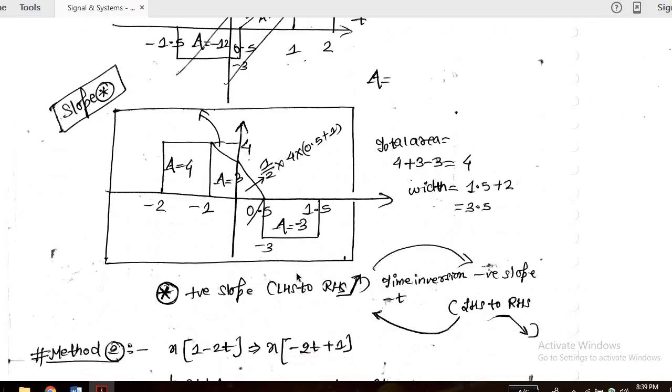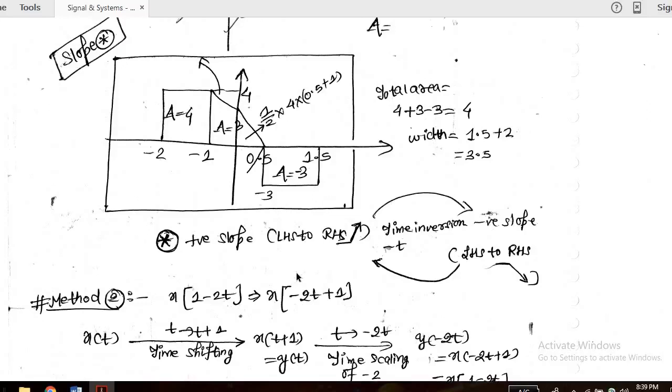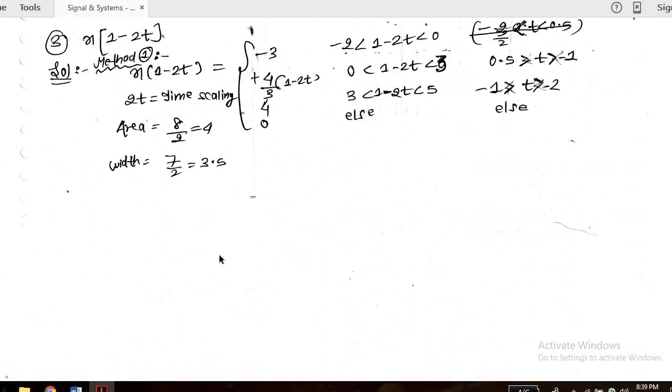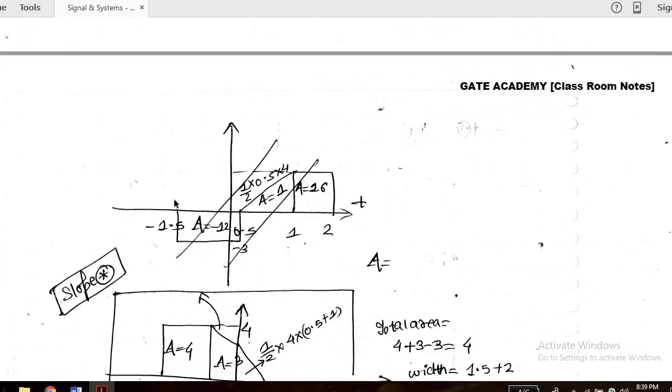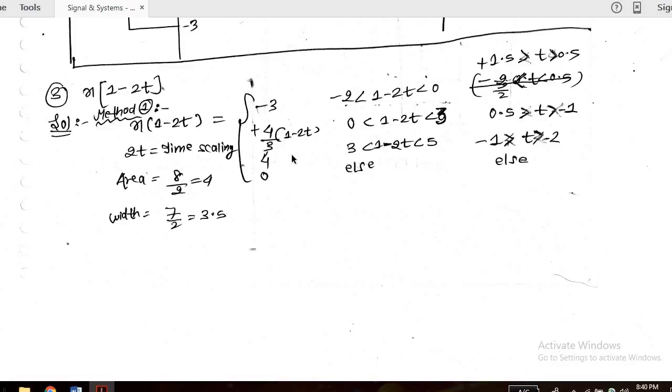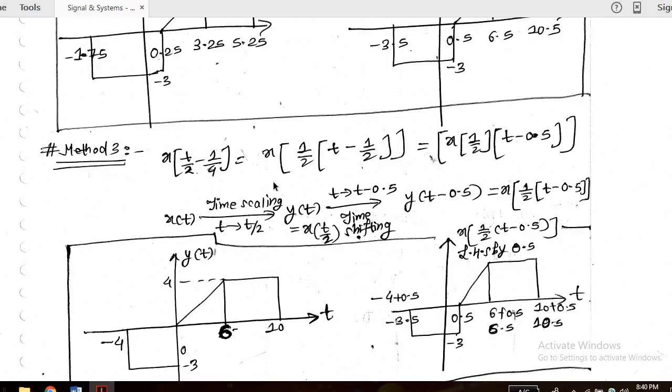Now if you see here, whenever you do time inversion, the signal that was on the right side now becomes left side, and what was on the left side now comes to the right side, which was seen in the earlier video. So positive slope becomes negative slope, and negative slope becomes positive slope. Why? Because say there is a signal 4 by 3 into t.